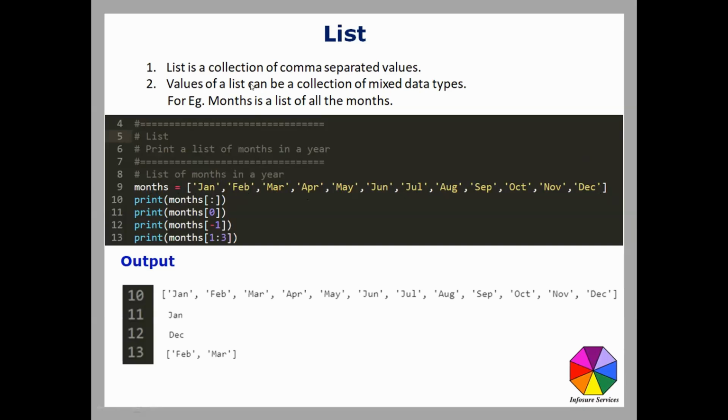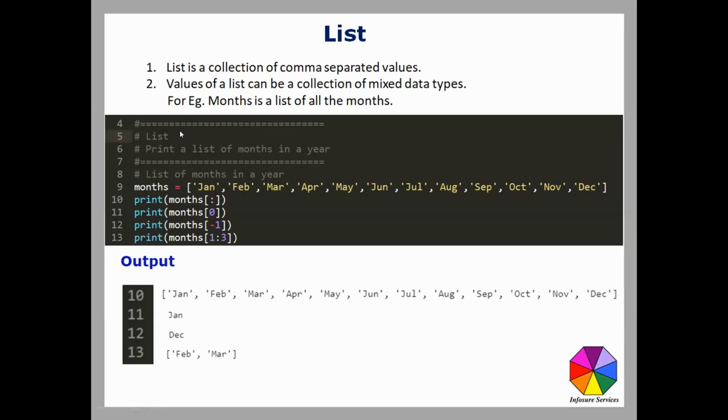A list can be a collection of values, but unlike other programming languages like Java, here it allows multiple data types. Though in this case my requirement is to have all the names of the 3-character months, so I use this list.